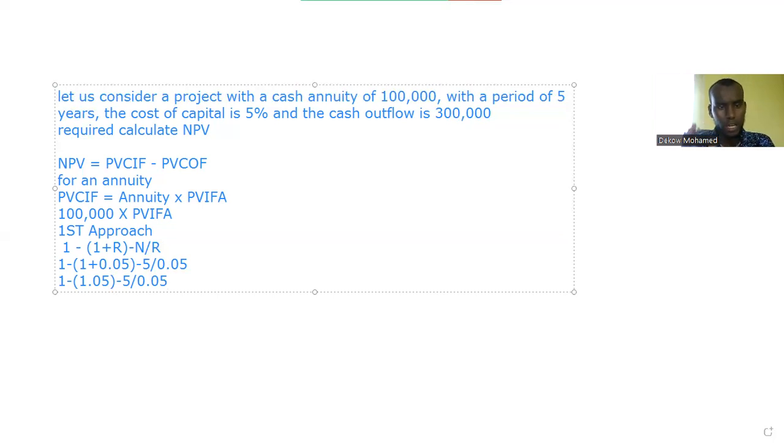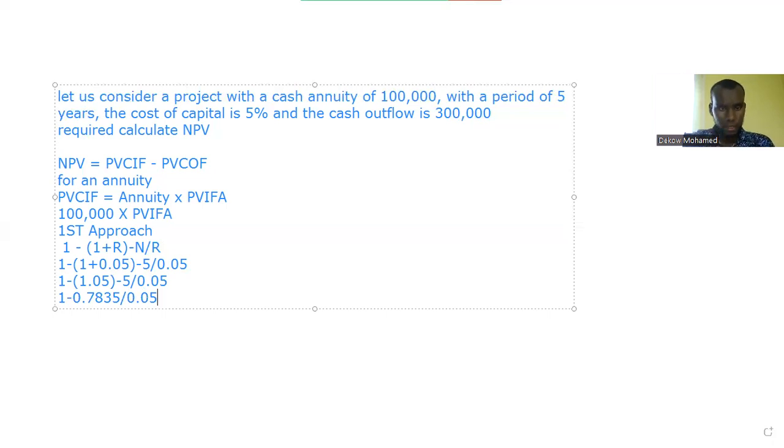Remember, I just solved only 1 plus 0.05 raised to negative 5. I have not done anything else yet. So I'll have 1 minus 0.7835 to the nearest 4 decimal places. I hope you get the same answer, 0.7835. Then divide this by 0.05.